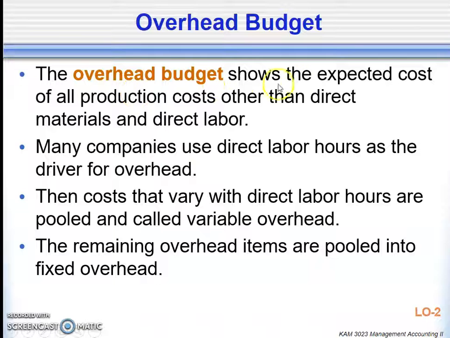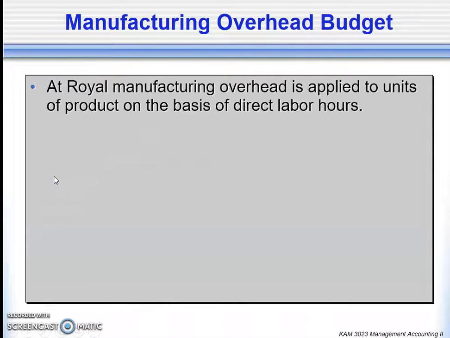The overhead budget shows the expected cost of all production costs other than direct materials and direct labor. Many companies use direct labor hours as the driver for overheads. Costs that vary with direct labor hours are pooled and called variable overhead. The remaining overhead items are pooled into fixed overhead.